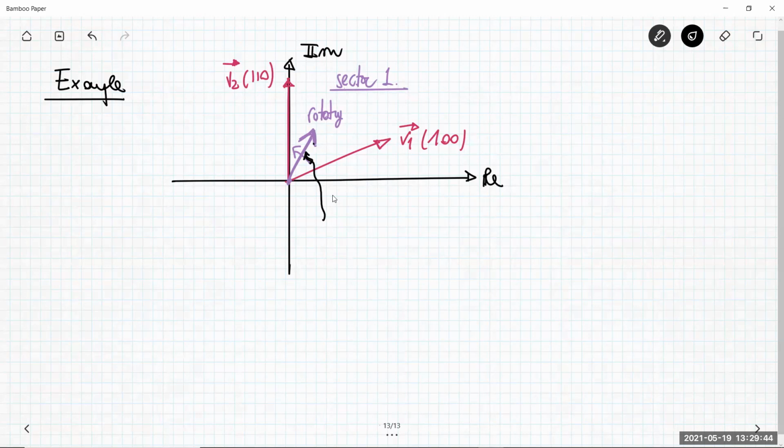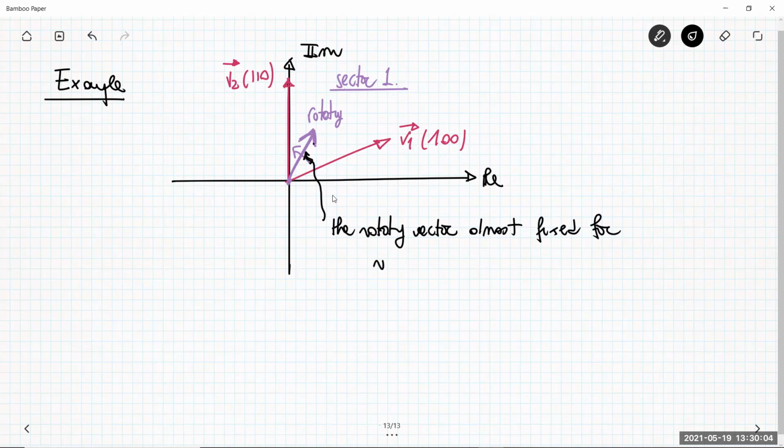It means that we are considering the rotating vector almost fixed for the fixed space vector combination.